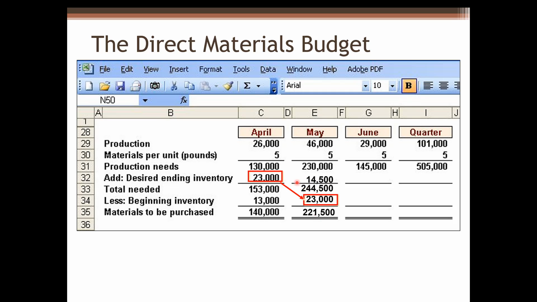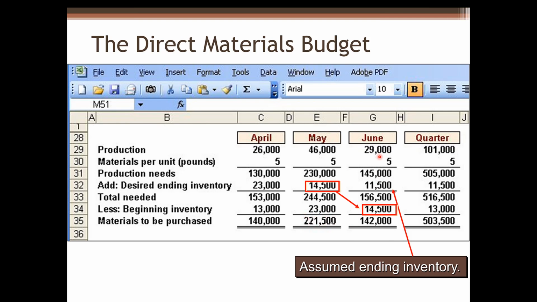And then we get the total needed, 244,500, minus beginning inventory. Beginning inventory in May is the ending balance in April, so this is 23,000. And we get materials to be purchased in May should be 221,500.